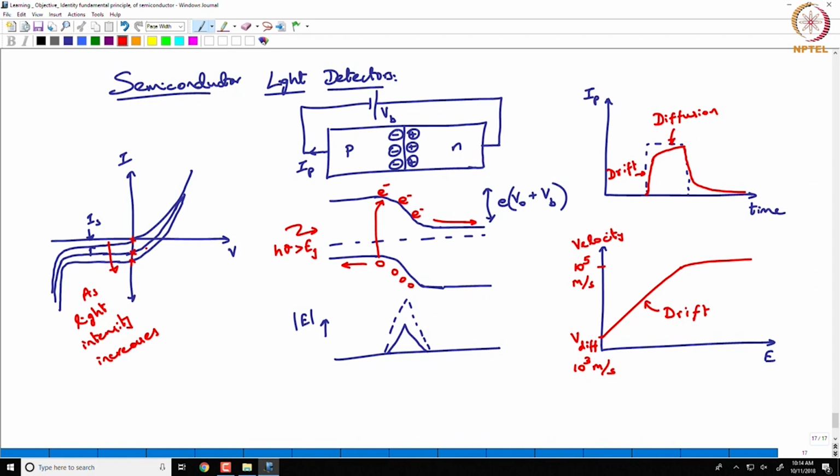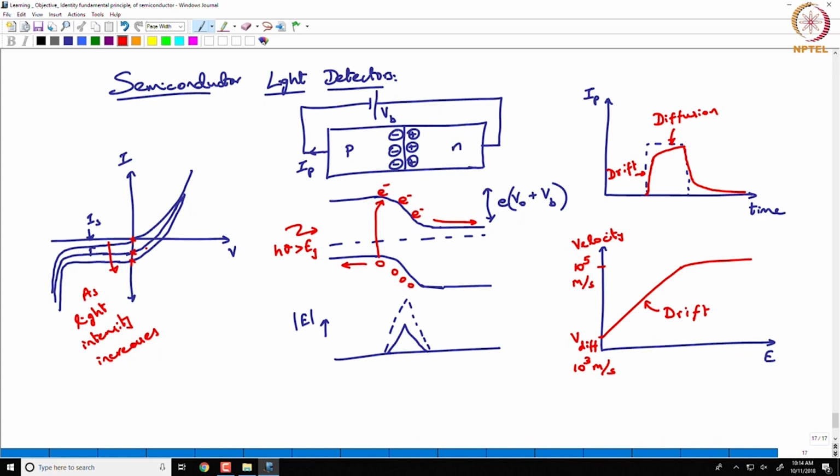And this is actually a very important point to note. A lot of people tend to get confused about the role of the reverse bias. Okay. They tend to think that as you go to higher reverse bias, you get more photocurrent out of the photodiode. Okay. That is a common misconception.